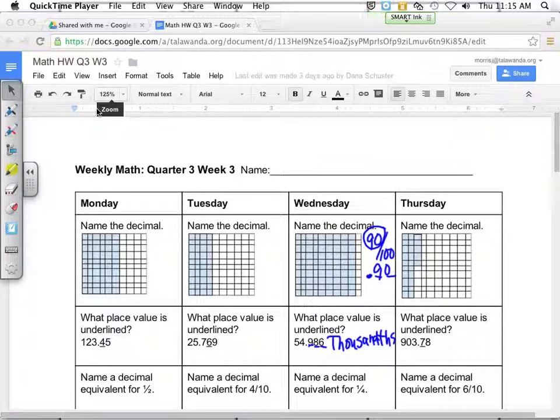Well, if you see here, if I say 100, that means I have 100 whole brownies. If you're talking about 100th, what I'm saying is I take 1 whole brownie and I cut it into 100 different pieces.